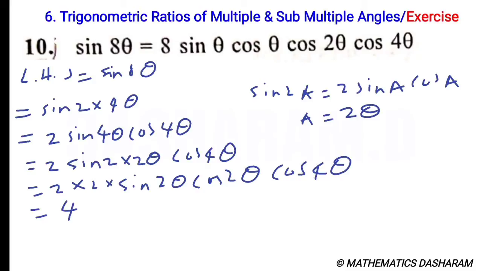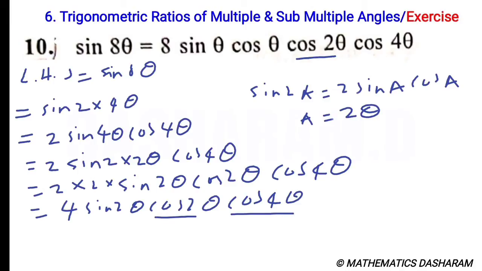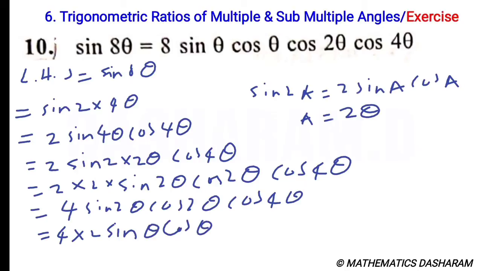Now 2 2s are 4, sin 2 theta, cos 2 theta, cos 4 theta. See cos 2 theta, cos 4 theta, here also required same values. Okay. Now it is equal to 4 into sin 2 theta formula is 2 into sin theta into cos theta, next cos 2 theta, next cos 4 theta.